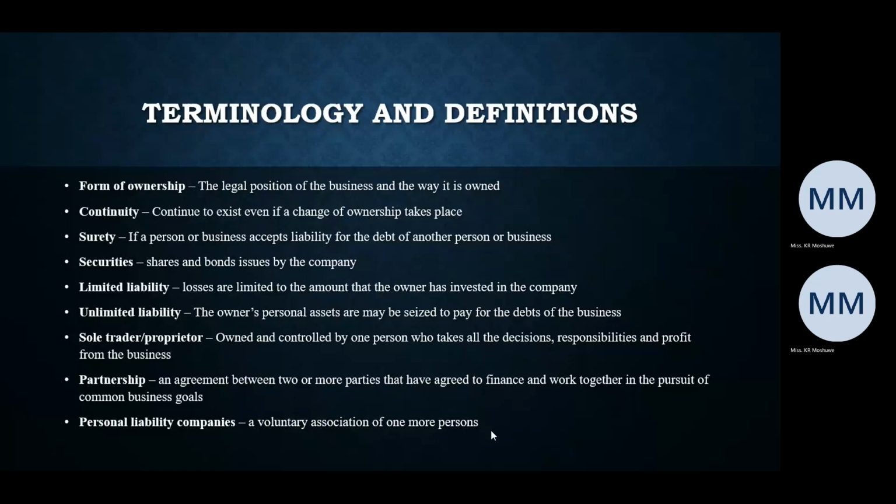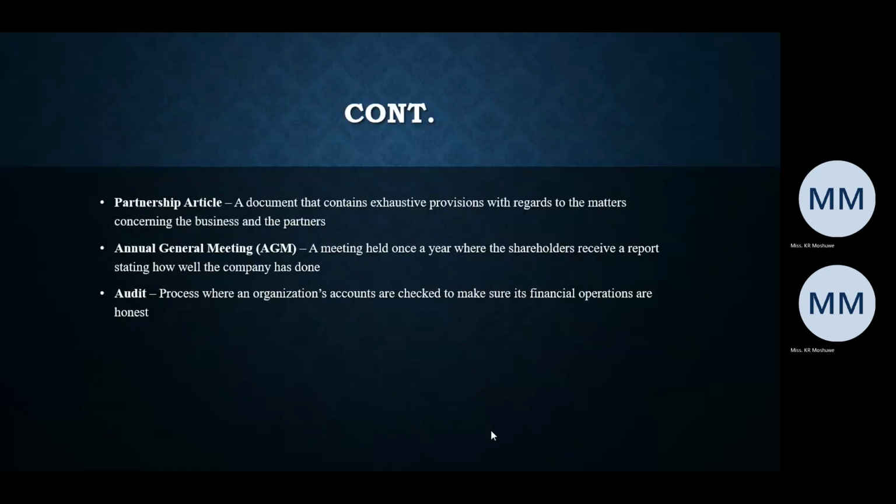And personal liability, we spoke about liability, whereby you are personally liable for whatever happens in the business. For profits or losses, you are personally liable for those. And then we have partnership articles, which is a document that contains exhaustive provisions with regards to the matters concerning the business and the partners, right?